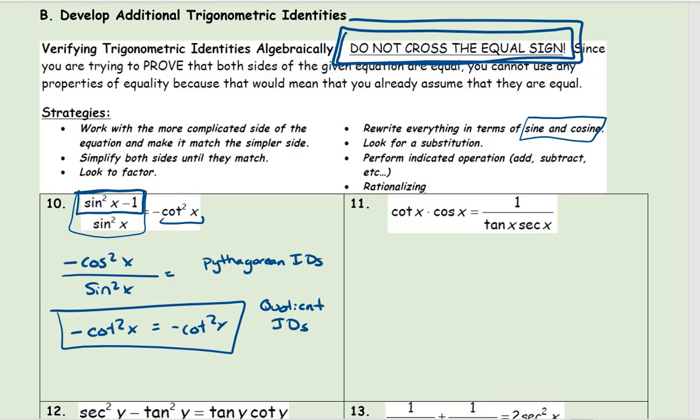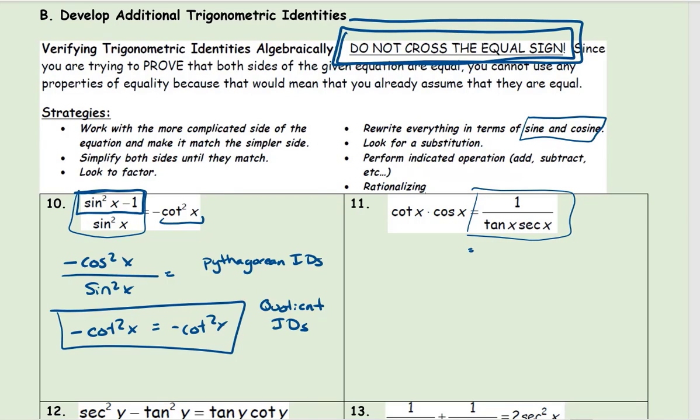Okay, so not all of them are only 2 steps, but I thought we'd start off on the simpler side. So next we have cotangent x times cosine of x is equal to 1 over (tangent x times secant x). What we're going to do here is start with the right side, because anything with a fraction is usually more difficult in everybody's eyes. I'm going to break this up.